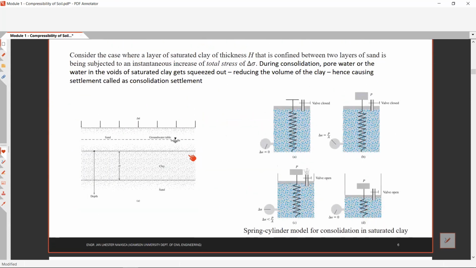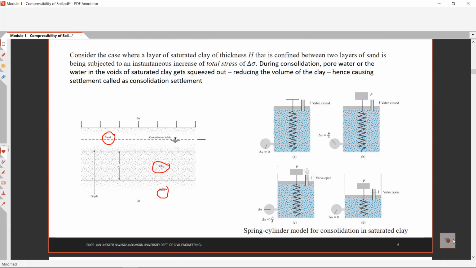Okay, so consider the case where a layer of saturated clay of thickness H is confined between two layers of sand. So ito yung clay natin. Para mas madali nating maintindihan, let's say ito yung clay natin. Confined siya with sand layer sa taas and sand layer sa baba. Okay. Then there is a groundwater table at this location.